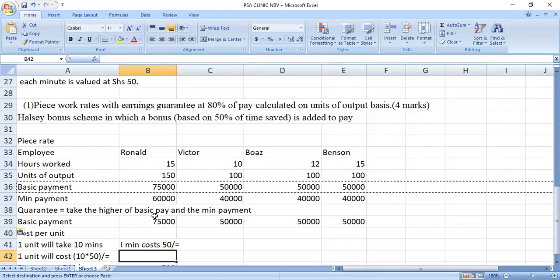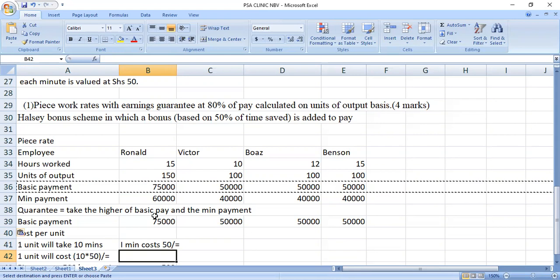Just like under time rates. For time rates, you're supposed to have a time rate, which is given by the cost per hour, or per minute, or per second. So the cost per hour is supposed to be multiplied by the number of hours taken to come up with the figure you're supposed to be paying them.